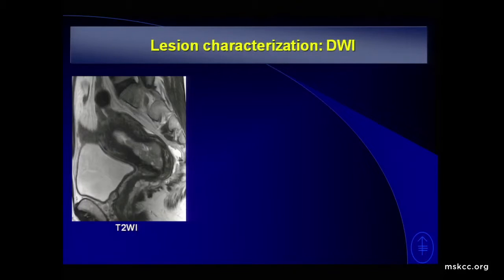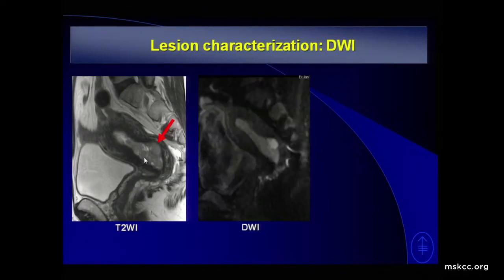This is another case from my previous institution. It was a premenopausal patient who came with bleeding. It was a polyp at hysteroscopy, which was subsequently removed after this MRI. The MRI was done because she wanted to preserve fertility. And we saw this other lesion, which to an experienced eye is easy to say is completely different from the polyp, but not as easy for an inexperienced eye.